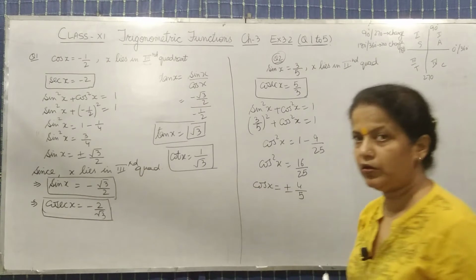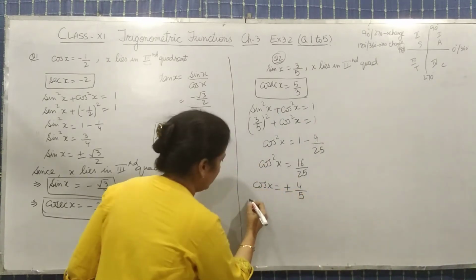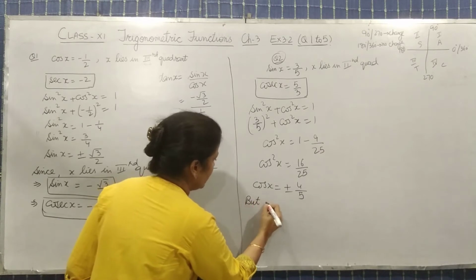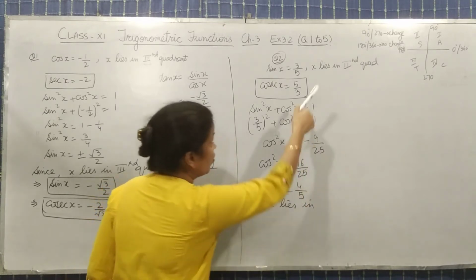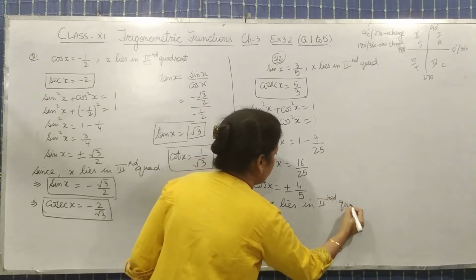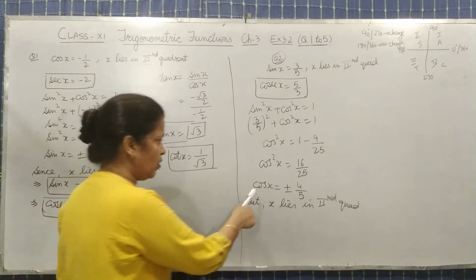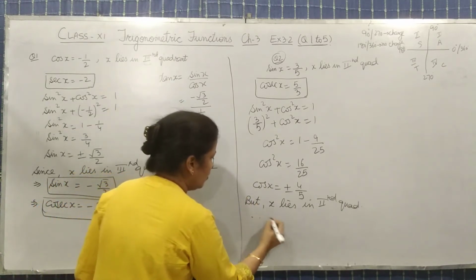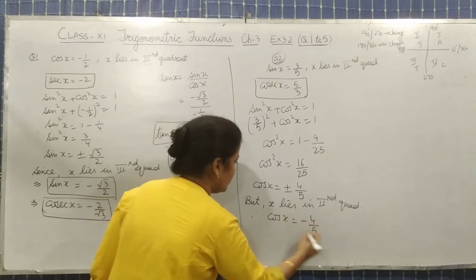But here it is written, x lies in which quadrant? Second quadrant. Now in second quadrant, sin is positive, so therefore cos x value will be negative.